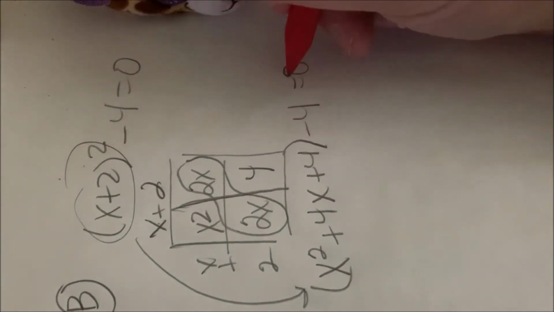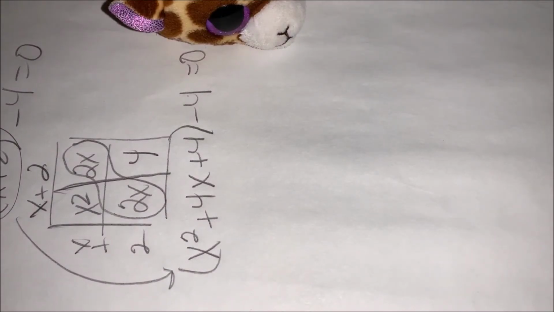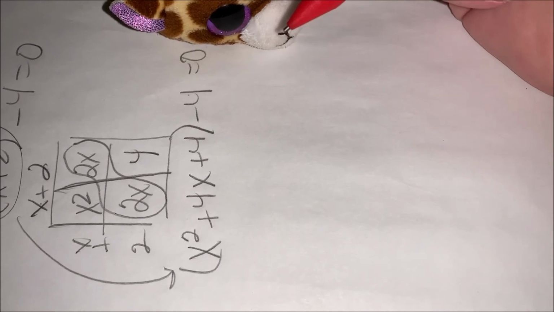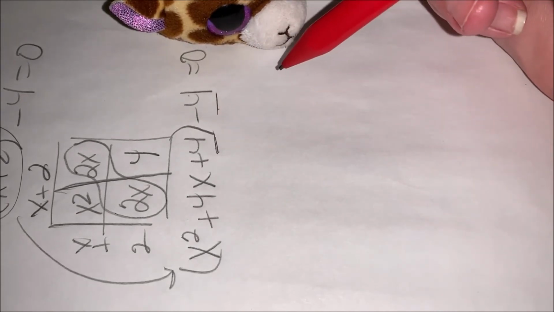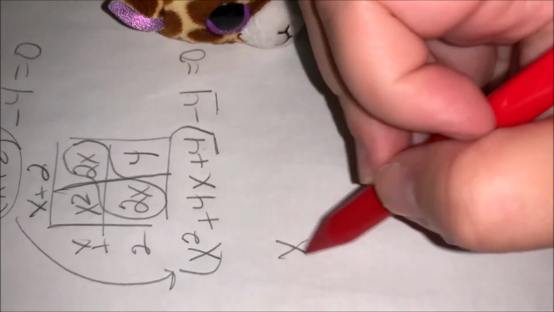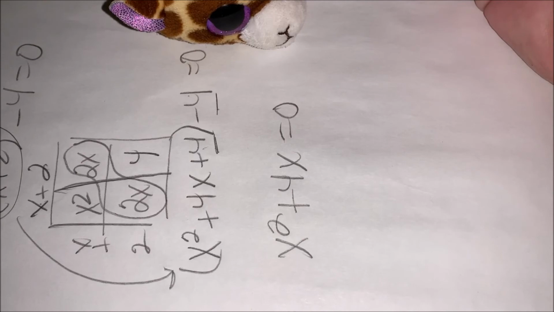Minus 4 equals 0. I just brought that minus 4 down. So I already see something interesting. I don't know if you see it yet or not, but I see a 4 minus a 4, which is 0. So I'm left with x squared plus 4x equals 0. So that might seem a little strange, but let's just do the math. Let's just work it out.